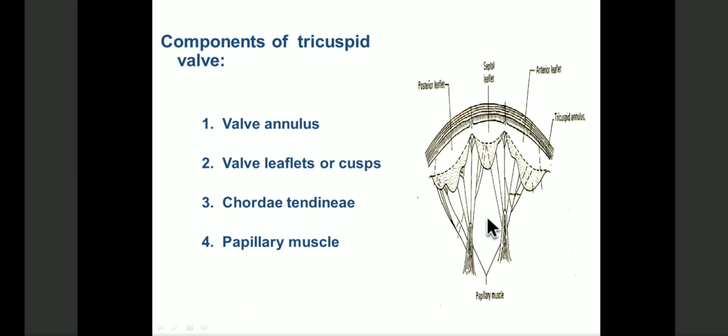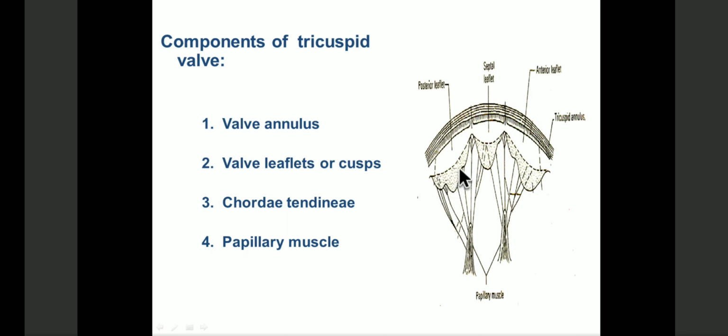Now, we are going to the components of the valves, whether tricuspid valve or bicuspid valve. For that matter, the bicuspid valve is present between the left atrium and the left ventricle. It has two cusps, and the tricuspid is in relation to the right atrium and right ventricle. There is going to be a ring all around, the annulus ring, and the three cusps coming over here towards the right ventricle.